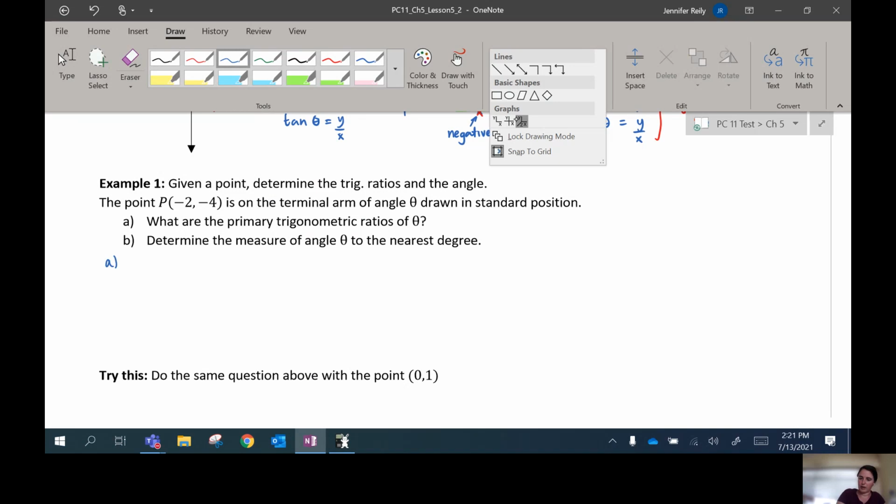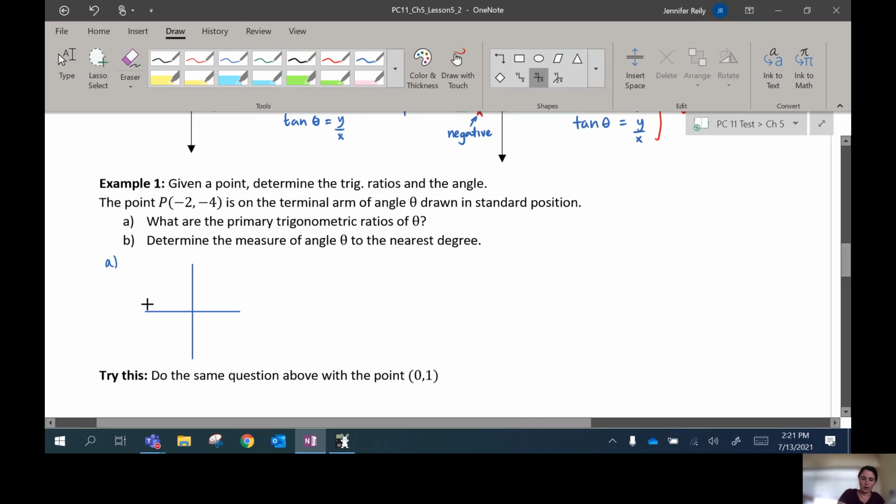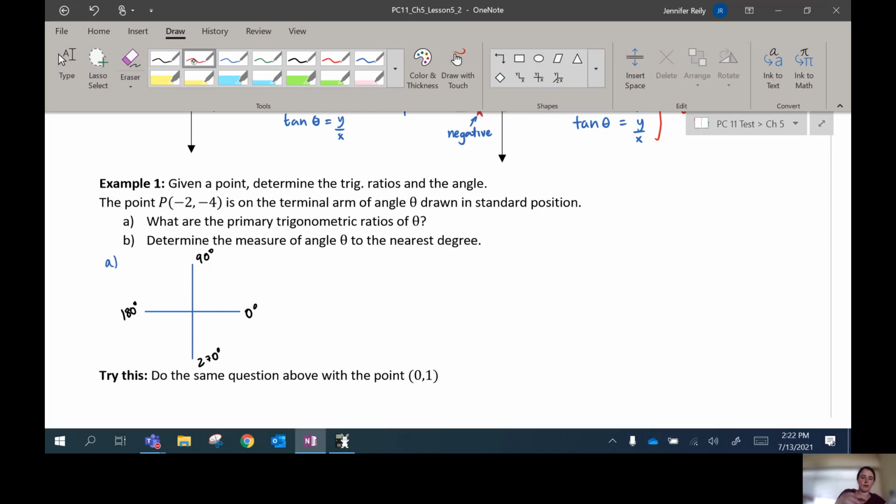I'm going to draw. In this chapter, you should almost always, for every single question, draw a picture of what's going on. Otherwise, you're going to be totally lost. Almost every question, you want to draw a picture. So (-2, -4) is in the third quadrant.